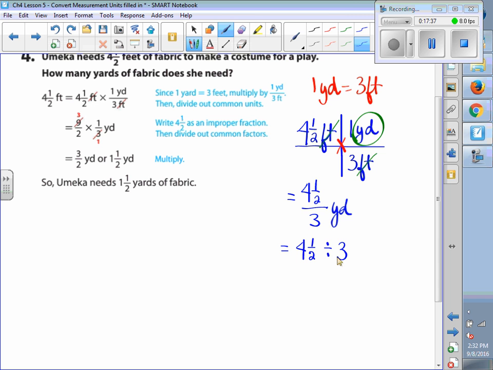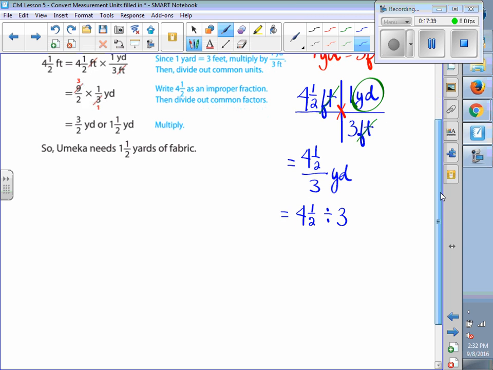Now, we're dividing a mixed number by a whole number. So we're going to change the mixed number to an improper fraction, so that's going to be 9/2. The division becomes multiplication, and the second fraction becomes the reciprocal. So we're going to multiply times 1/3, which is what they have right here.